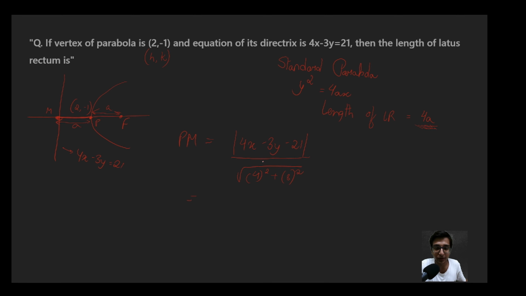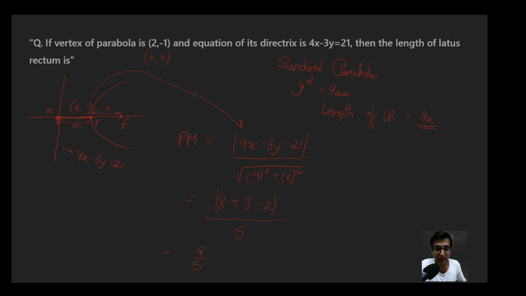Let us simplify this further by inputting the values of P here. So we would get |8 + 3 - 21| divided by, sorry, this would become 5. And if we solve this even further, we would get 11 minus 2 to be 9 by 5.